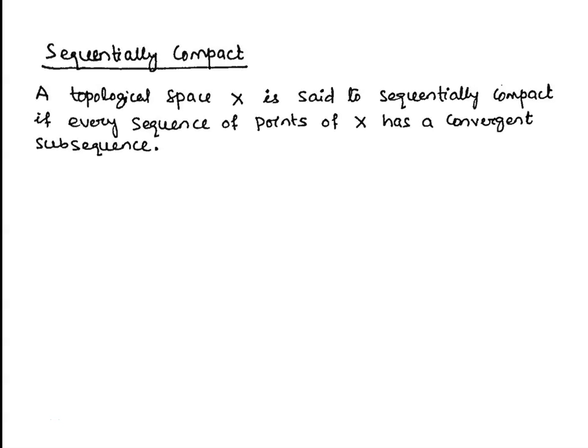One more variant of compactness is sequentially compact. A topological space X is said to be sequentially compact if every sequence of points of X has a convergent subsequence. One more variant of compactness is locally compact.